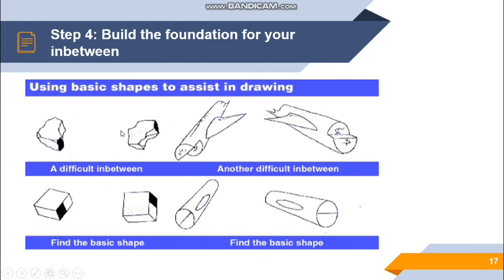We have here a rock and a plane. This is a very difficult in-between because the shape is very rugged. So in order to create a very good in-between, we need to get the basic shape first. Here we can create a cube, and here we can create a cylinder for the plane.